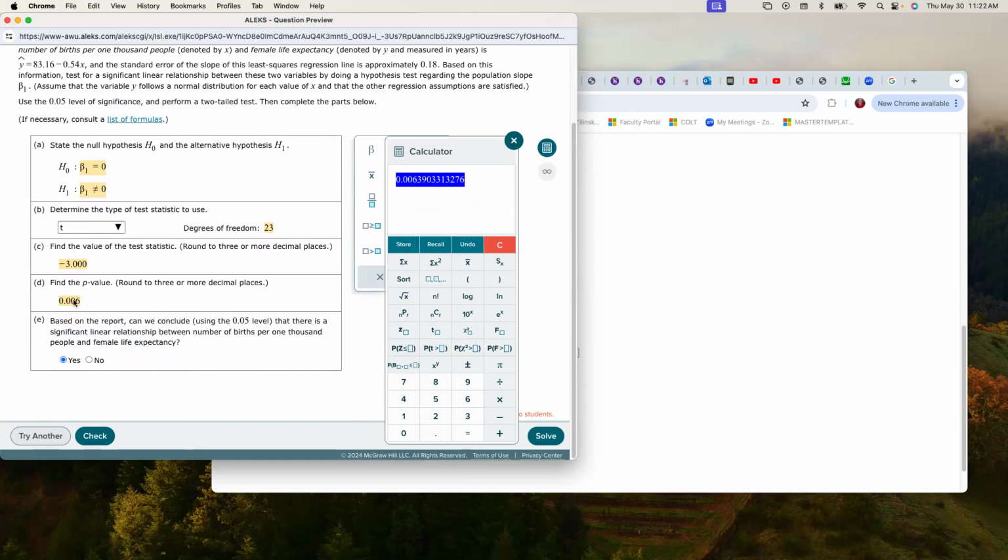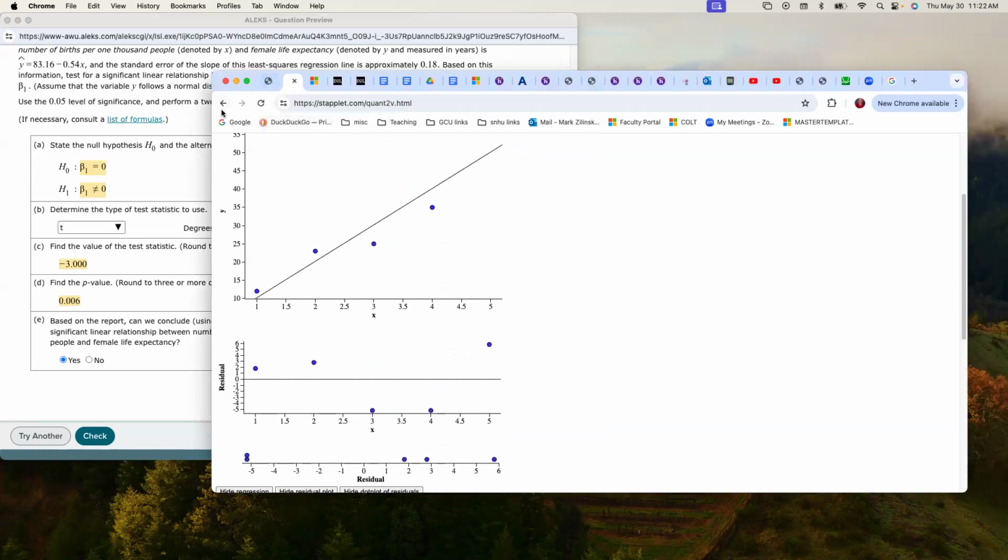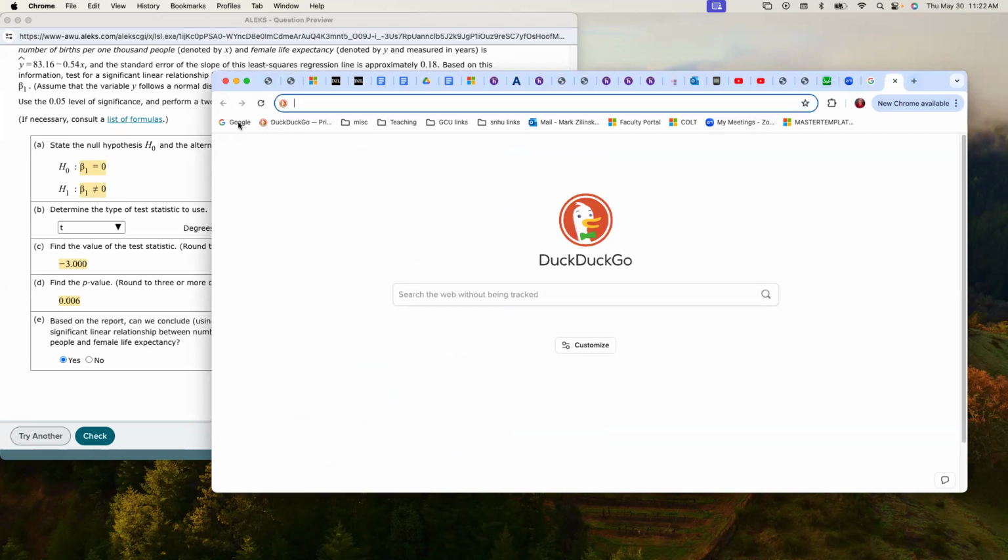Now, if you get a little bit crossed up here, you don't have to use the ALEKS calculator. I'll show you how to do it in StatCrunch. Pretty simple. All we need to do is get into the t distribution. I'll open up another tab here.